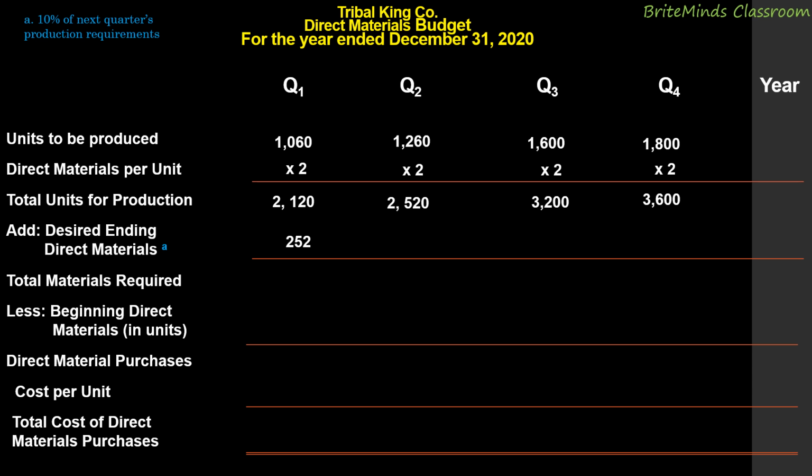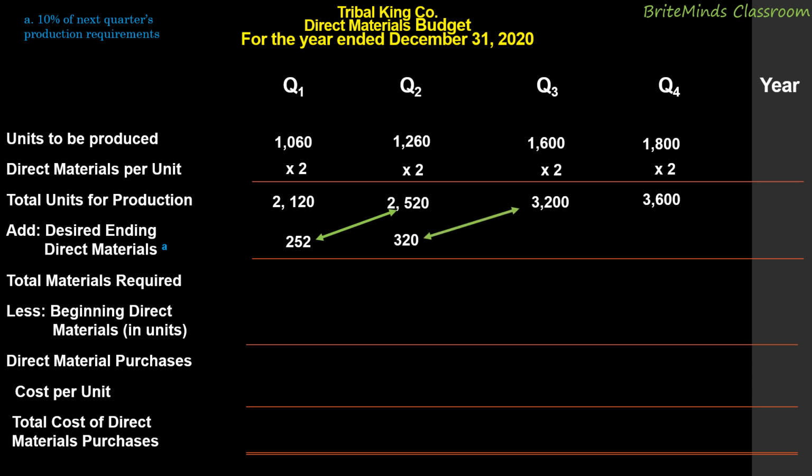And then for the second quarter, to determine the desired ending direct materials, we will use the production requirements from the third quarter, which is 3,200. So we will take 10% of it. Okay, so the desired ending direct materials for the second quarter is 320 units.